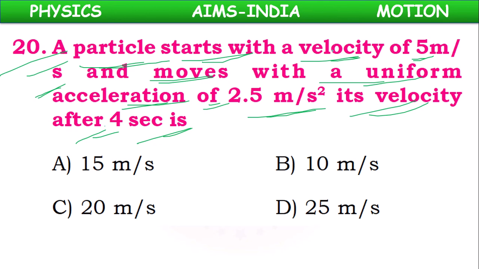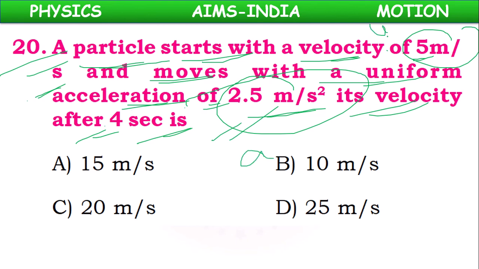The particle starts with a velocity of 5 meter per second, this is the initial velocity. It moves with an acceleration of 2.5 meter per second square. Acceleration is given, u is given. Time is given as 4 seconds. Velocity after 4 seconds means we have to find the final velocity.